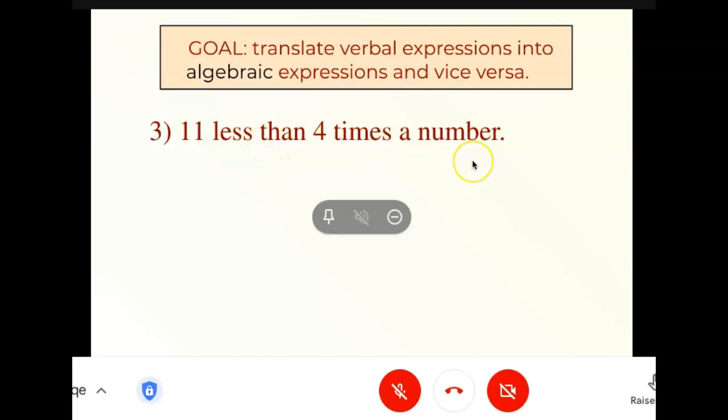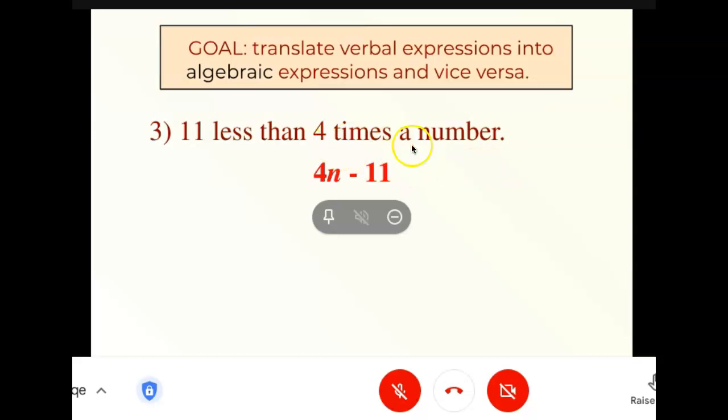So all of you did switch. I saw your answers in the chat, but it is because of this word that you're comparing it to the previous one. What is 11 less than 4 times a number? It goes the other way around. Malia, that is correct. It's supposed to be 4n minus 11. It says 11 less, so 11 less than what? 4 times the number.